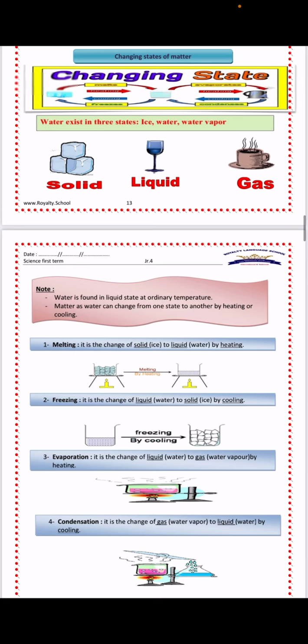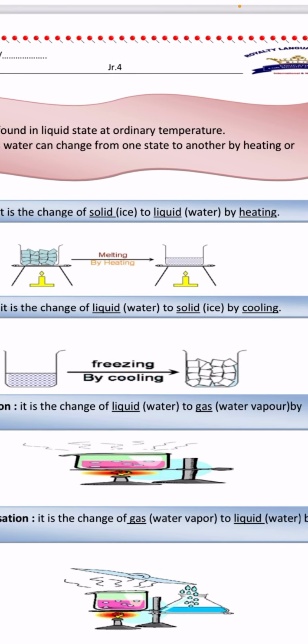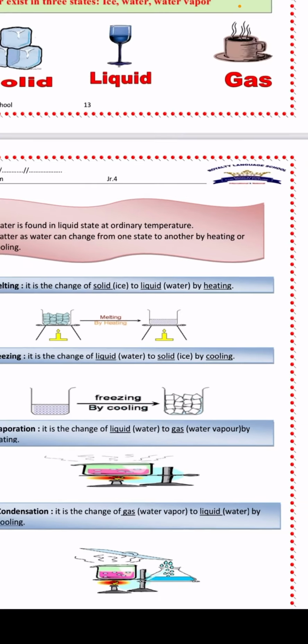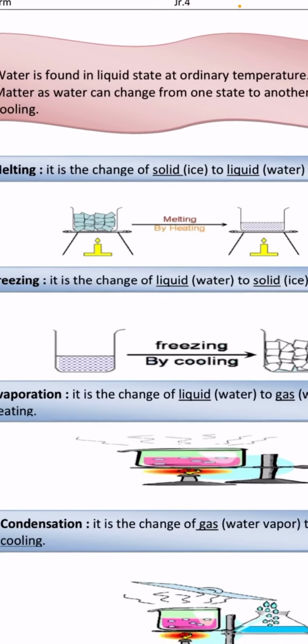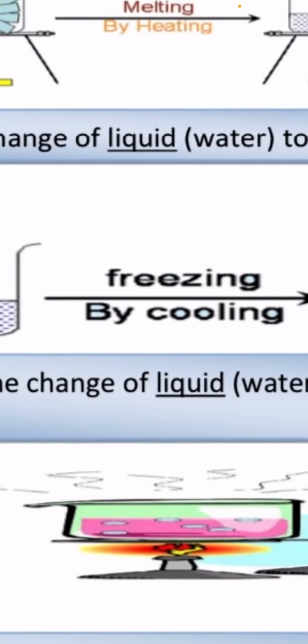So we know from this that melting is the change of a solid substance like ice to a liquid substance like water by heating. Freezing is the opposite, the reverse process of melting. Melting happens by heating; freezing happens by cooling.